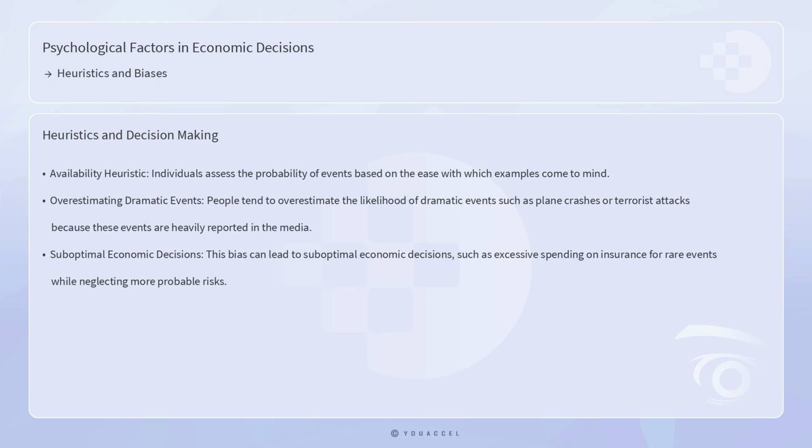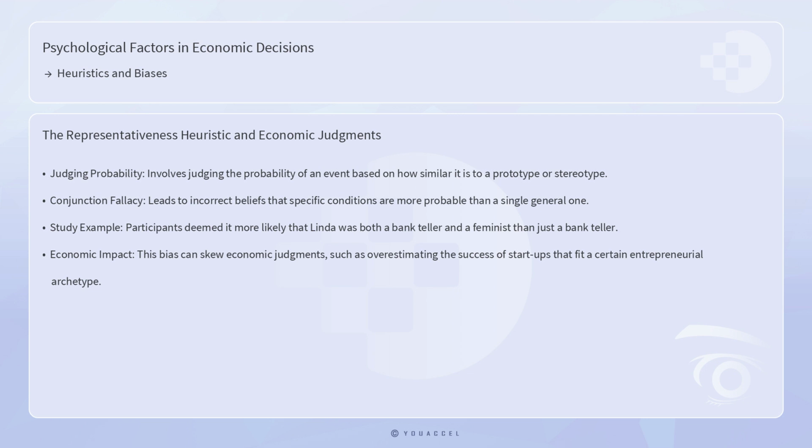probable risks. Another key heuristic is the representativeness heuristic, which involves judging the probability of an event based on how similar it is to a prototype or stereotype. This can lead to the conjunction fallacy, where people incorrectly believe that specific conditions are more probable than a single general one.